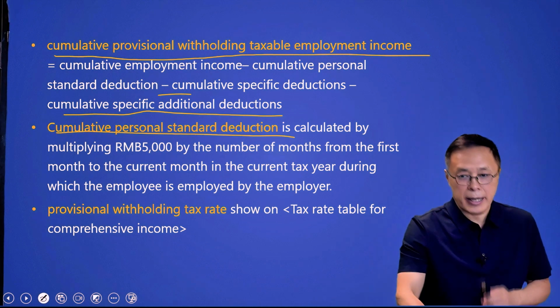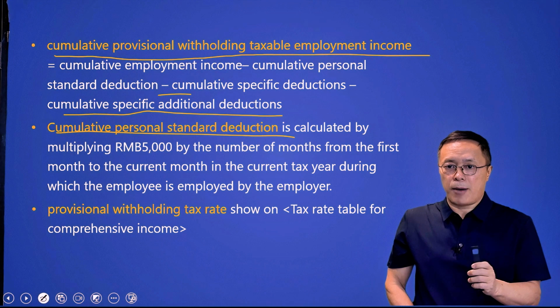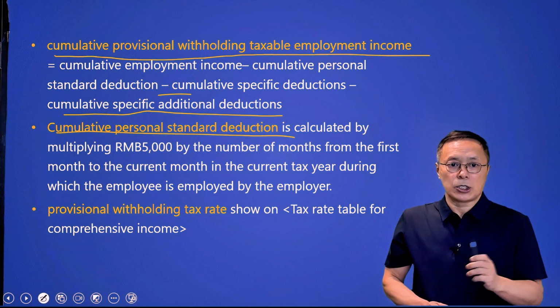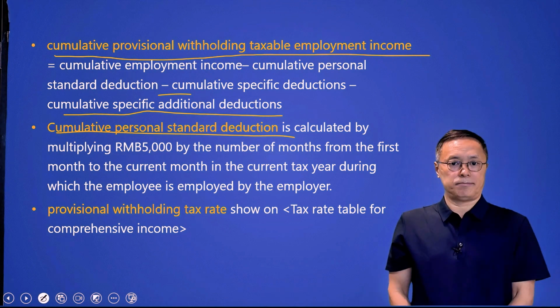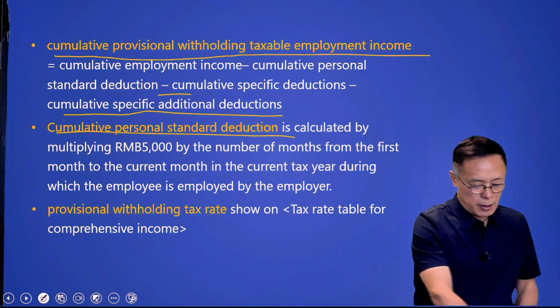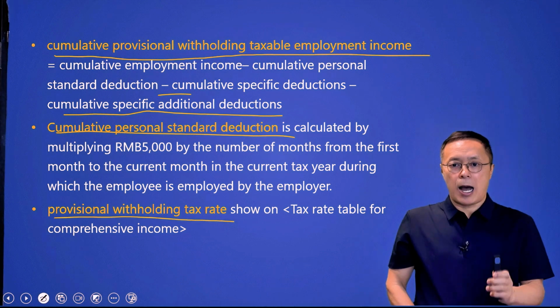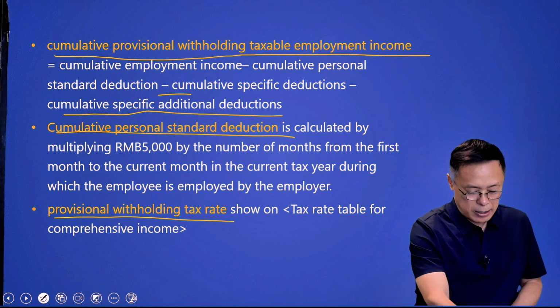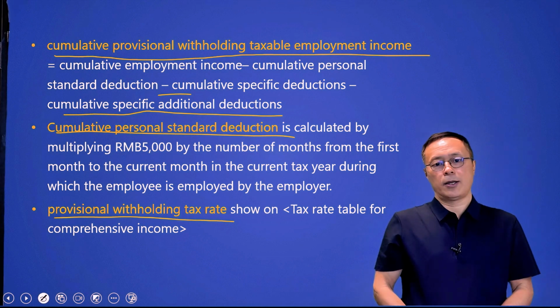And cumulative personal standard deduction is calculated by multiplying RMB 5,000 by the number of months from the first month to the current month in the current tax year during which the employee is employed by the employer. Here, provisional withholding tax rates are shown in the tax rate table for comprehensive income on an annual basis.